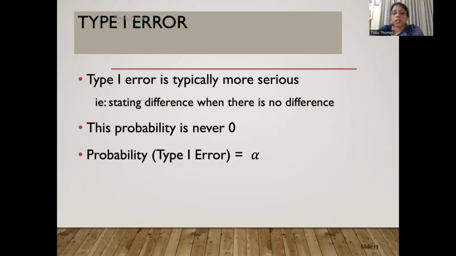Now, the probability of type 1 error is indicated as alpha. This probability has to be minimal. If the probability of wrongly rejecting the null hypothesis is very small, then we can confidently say that there is a difference. By examining the sample, I am able to conclude that there is a difference in the population and that decision is correct. With a certain amount of confidence, I will be able to say. But that probability has to be very low.